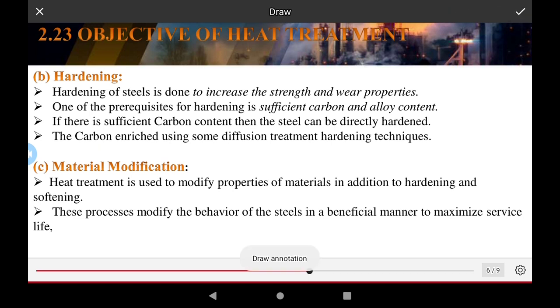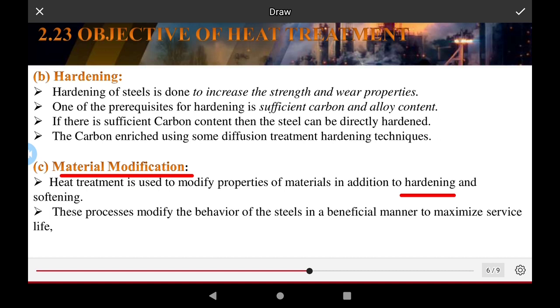Next, material modification. This is another application of the heat treatment process. Heat treatment is used to modify the properties of the material, and hardening and softening of the material are achieved with the help of heat treatment.